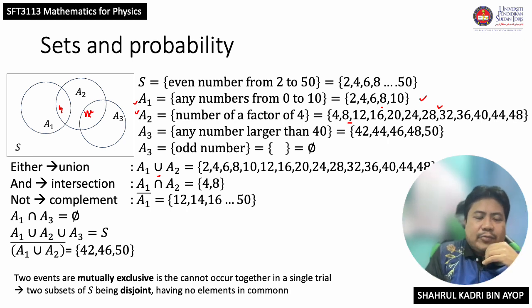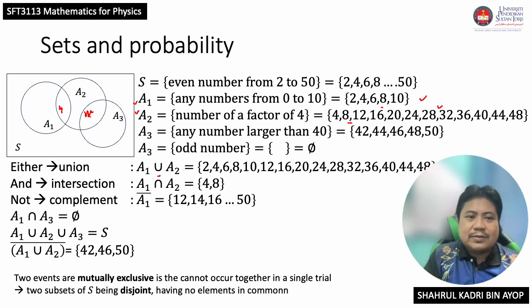So that set we call the empty set, and we can represent it with this symbol. And if we combine all sets, the elements which satisfy any of them make up the whole sample space, because it consists of all elements inside the sample space.